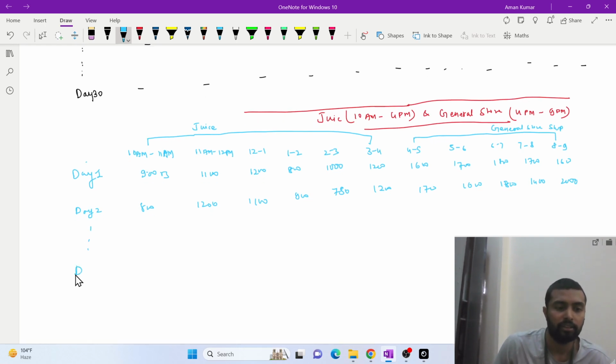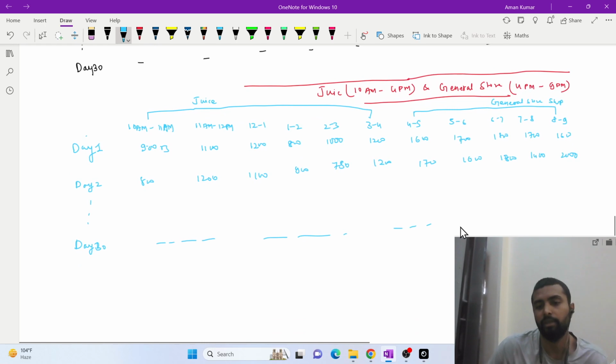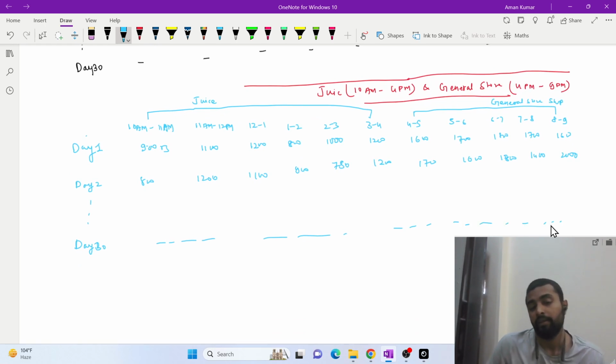Similarly up to day 30, okay, similar data you are getting. Now if you add the day one profit, you are getting 1900, 1100, 1200, 800, 1000, which is 12,000, more than the previous shop, which you used to open, the general store.